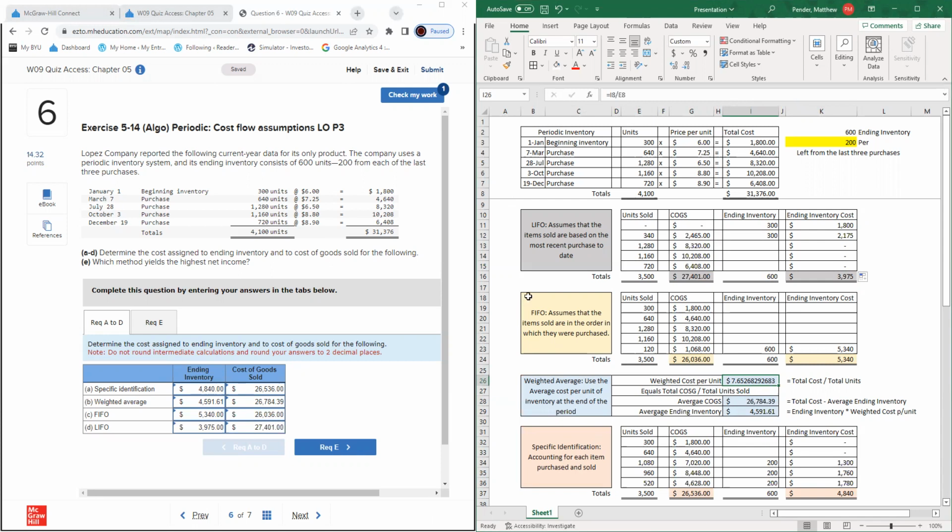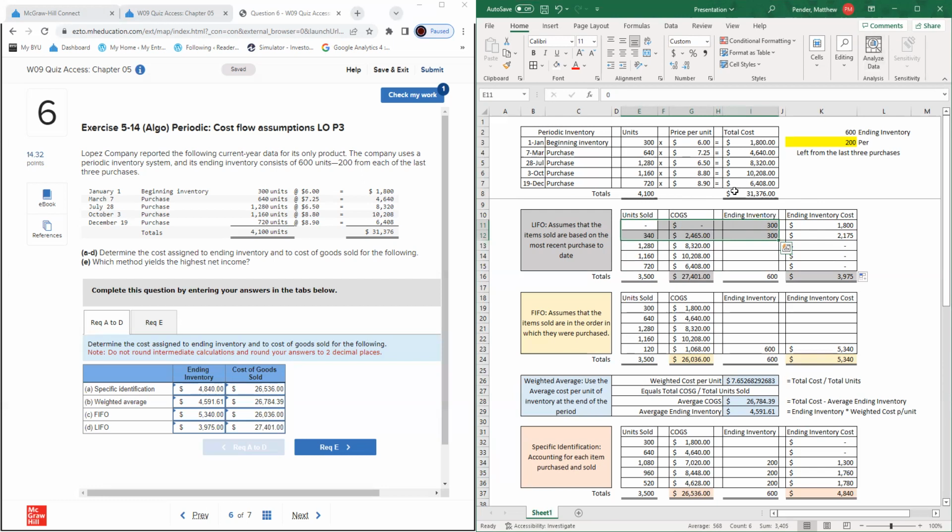First in, first out assumes that the items sold are in the order in which they were purchased. So I sold through my first units first, and then my remaining inventory only accounts for the last inventory in my warehouse. And then this is last in, first out. So I sold through the beginning of my inventory, and then this is what I have left over based on our calculation of 600.